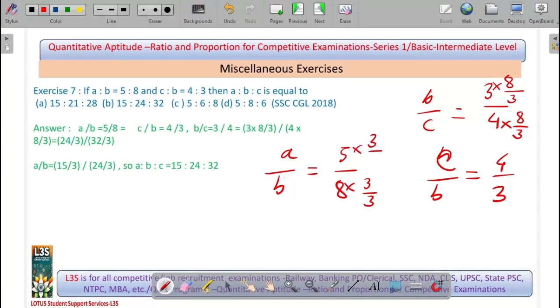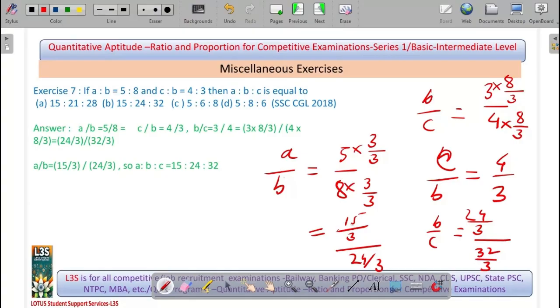So A by B becomes 15 by 24. Now B is to C will become 24 by 3, both B are same now, and 32 by 3.